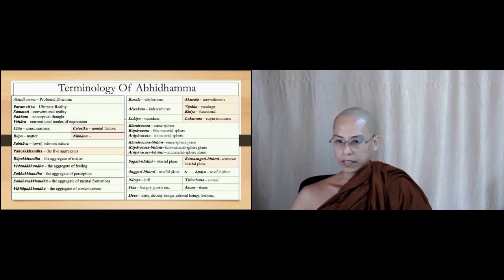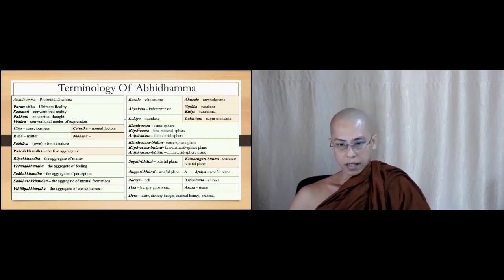Vipaka is resultant and kriya is functional. Then the classification, lokiya and lokuttara. Lokiya is mundane and lokuttara is supramundane. We already talked about the lokuttara, loka and uttara.